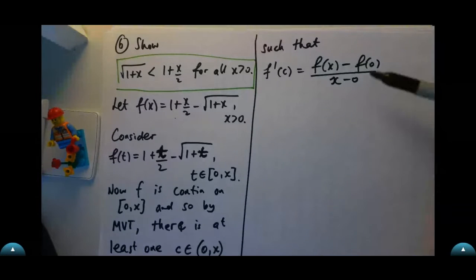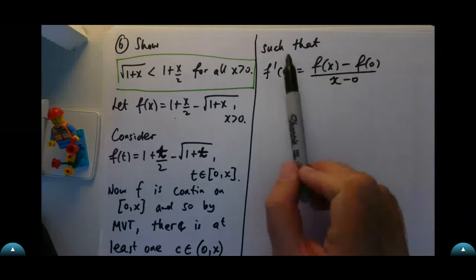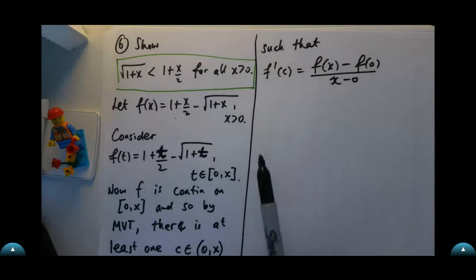Okay, so we simplify the right-hand side and we'll form an inequality on the left-hand side. All right, that's the way you do it.